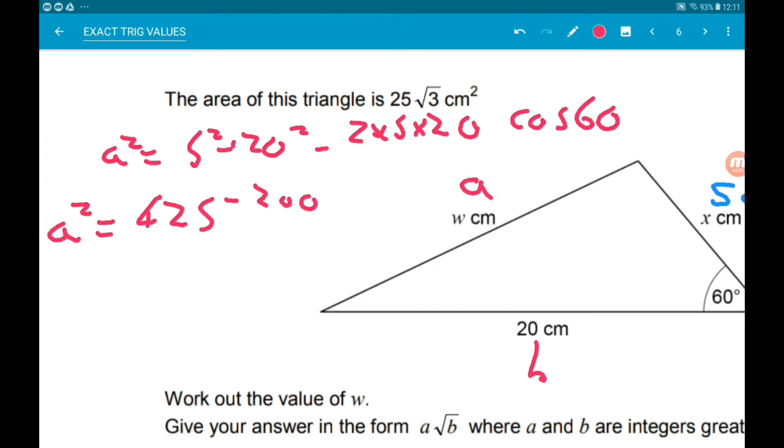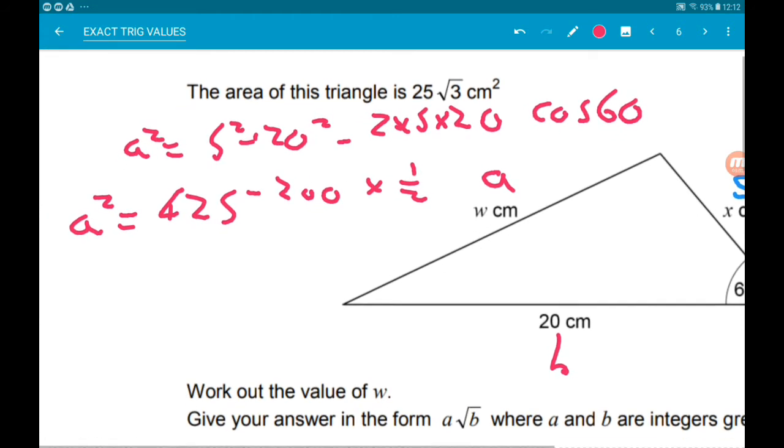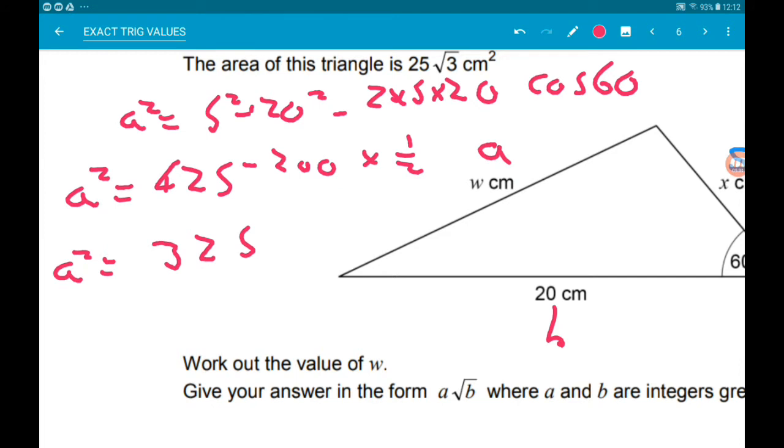Now, cos of 60 is 1/2. So, A squared is 425 minus 200 times 1/2 is 100, so we have 425 minus 100, which is 325. Okay, so A is the square root of 325.